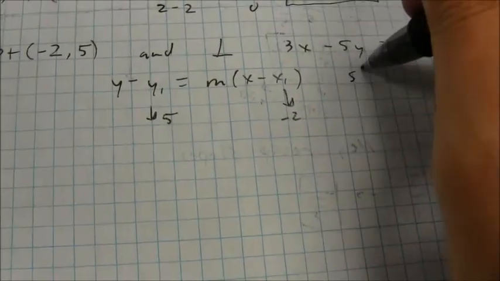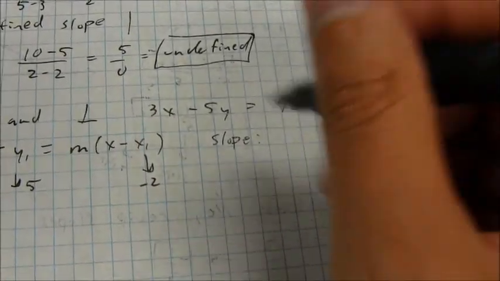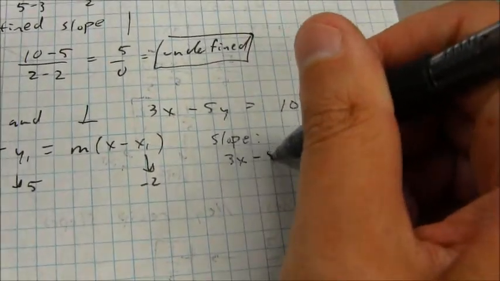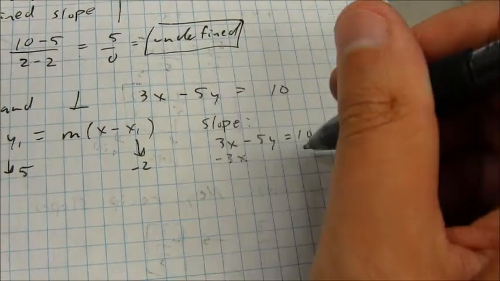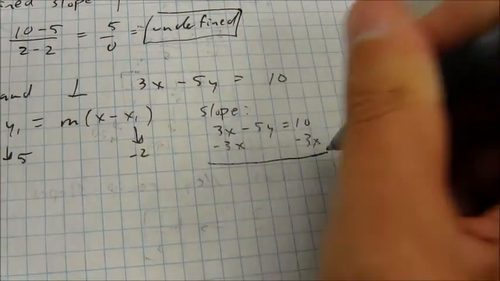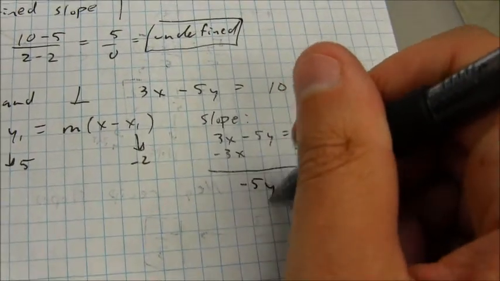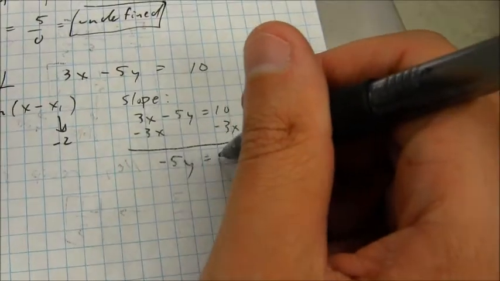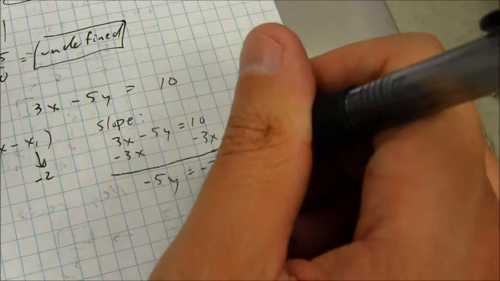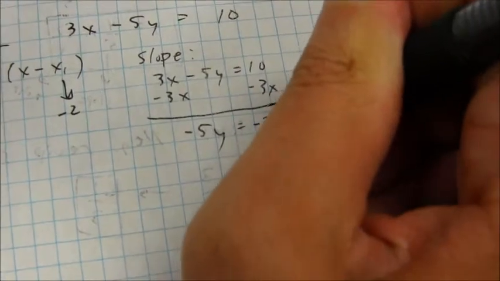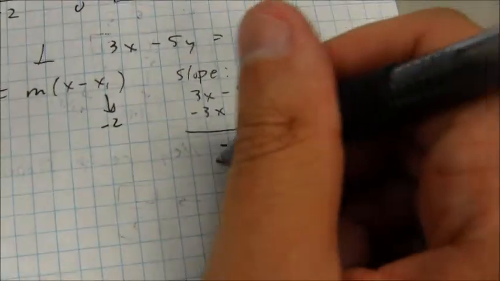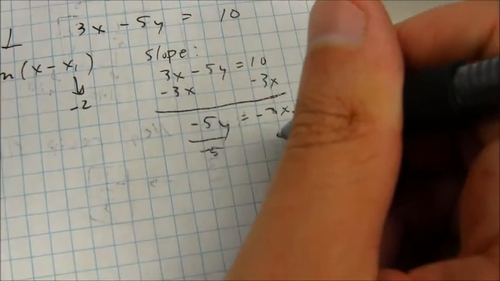And of course we know that the slope can be found by putting this equation into slope-intercept form. I have 3x minus 5y equals 10. I want to get the x on the other side, so I'll subtract that. So don't lose your negative sign. That's negative 5y equals negative 3x plus 10. Divide everything by negative 5.